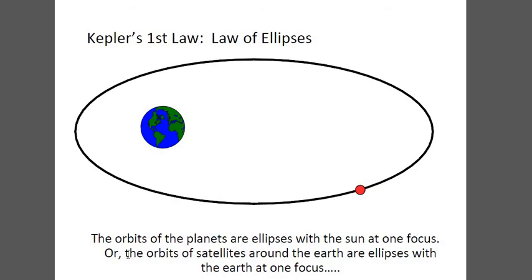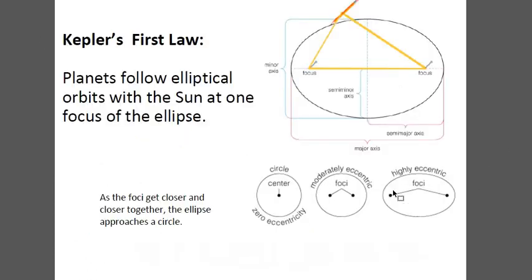Similarly, note this, the orbits of the satellites around the earth are ellipses with the earth at one focus. This is your satellite, and the orbit is not circular because the foci are far apart, so the orbit is elliptical. If the foci are near each other, the orbit becomes concentric, that is, circular.